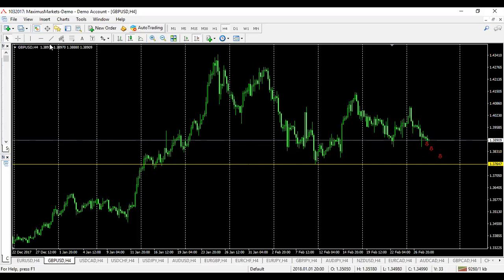Okay, these are various lines we have on our chart. This is the vertical line, horizontal line, and this is trend line. So we are making use of the trend line. For instance, let's draw a trend line for this upward trend.